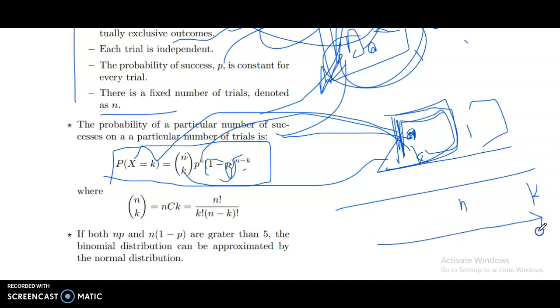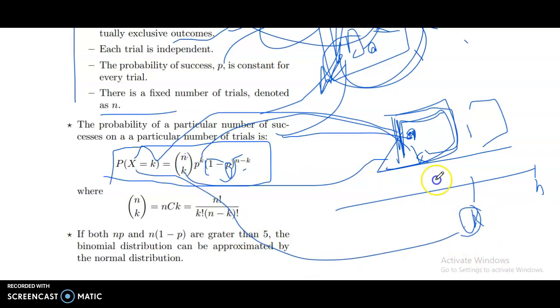So n is put here, and the kth value is put from here.